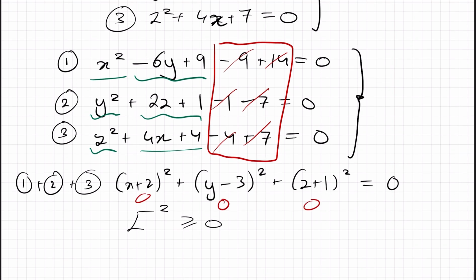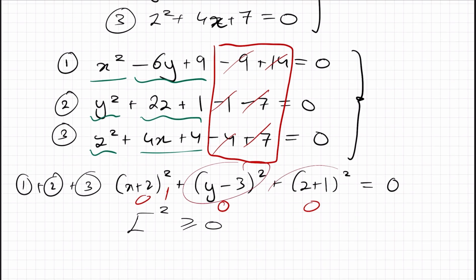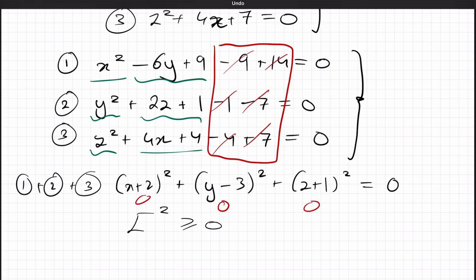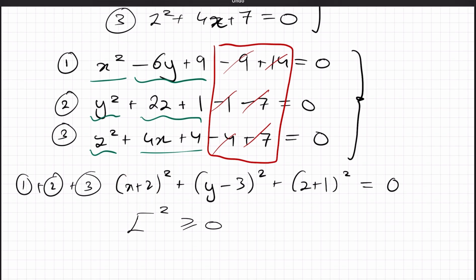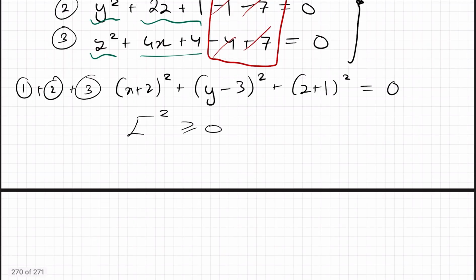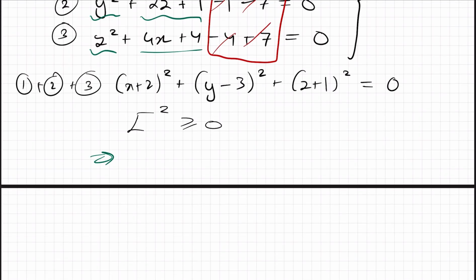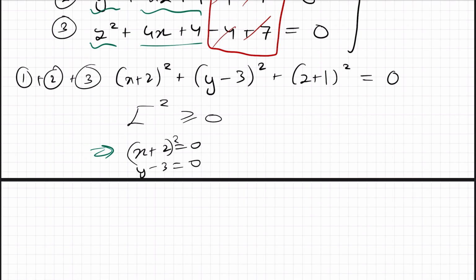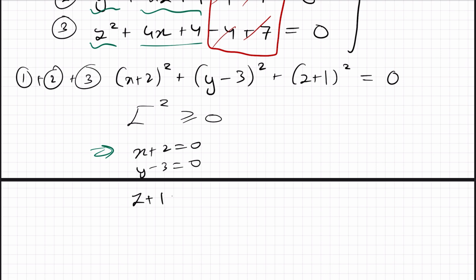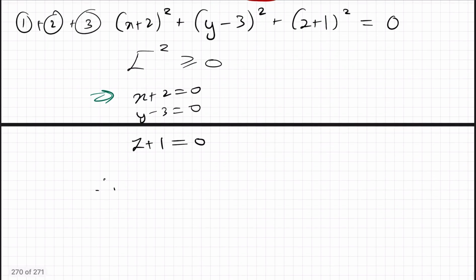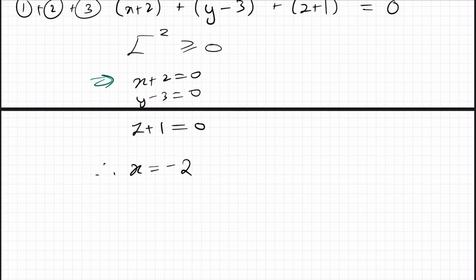Because if any of these weren't, then none of these can be negative, so we can't get rid of any of the progress we've made, if that makes sense. So what we can do now is split this up into x plus 2 equals 0, y minus 3 equals 0, or we put it as squared and then we could just take the square root, and z plus 1 equals 0. So therefore that gives us our solution as x equals minus 2, y equals 3, and z equals minus 1.